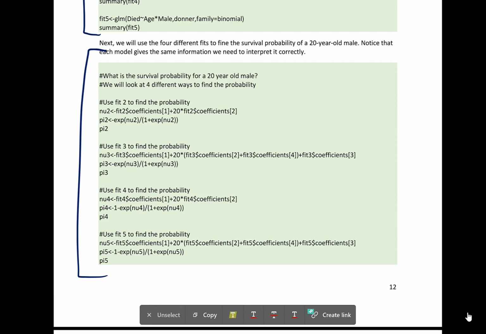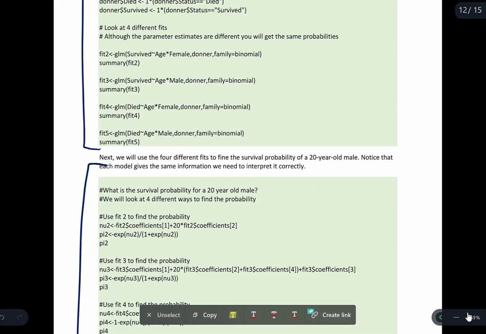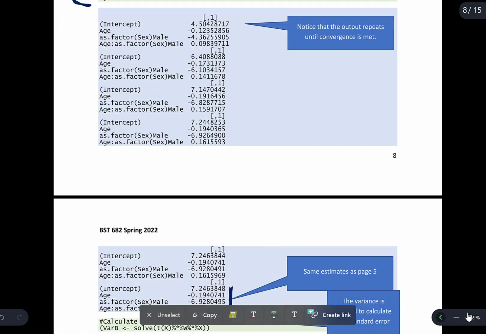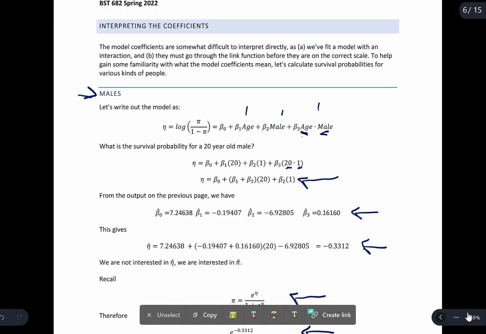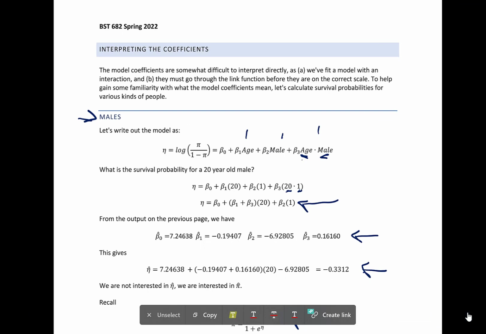And you'll notice that the algebra here is exactly the same thought process or argument as what we did here, where we started with the model and then we figured out what that survival probability would be for a 20-year-old male. So how you actually get to the model for the survival of a 20-year-old male will depend on how the model is specified here. So for example, if we specified the model in terms of females, we would want to have zeros here.